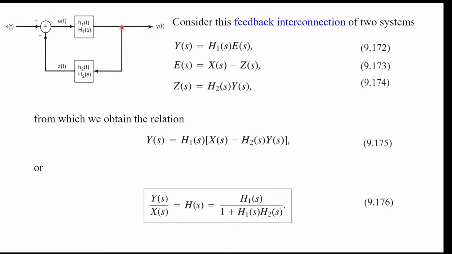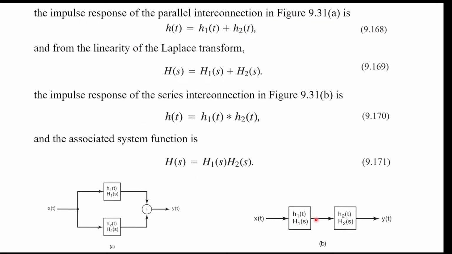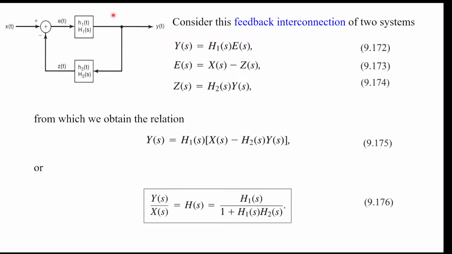Big Y is big E times big H1, because we're talking about a serial connection. It goes through this big H1, so the output big Y is equal to big E times big H1. And at this point, you will have big E equal to big X subtracting this big Z. This point we call small z or big Z. And through this block, we have big Z equal to H2 times big Y.